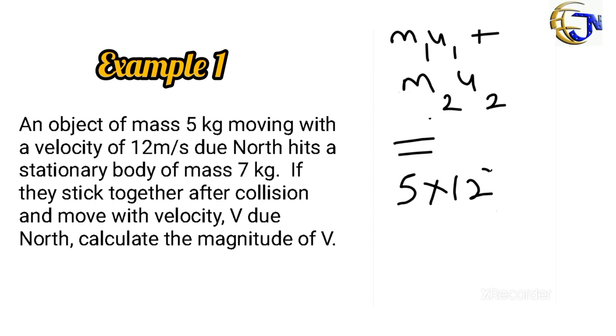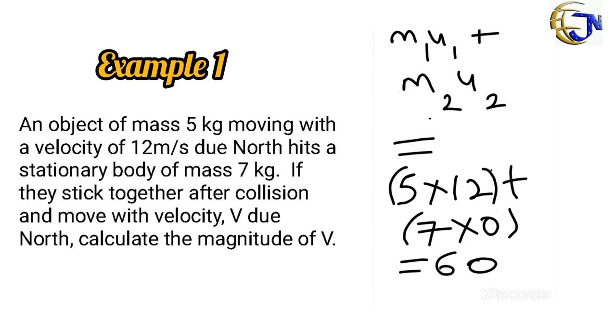Then for the second body, M2 is 7, but 7 times 0 because the body was stationary, makes everything 0. So what we have here is 5 times 12, which is 60. So 60 is the momentum before collision.